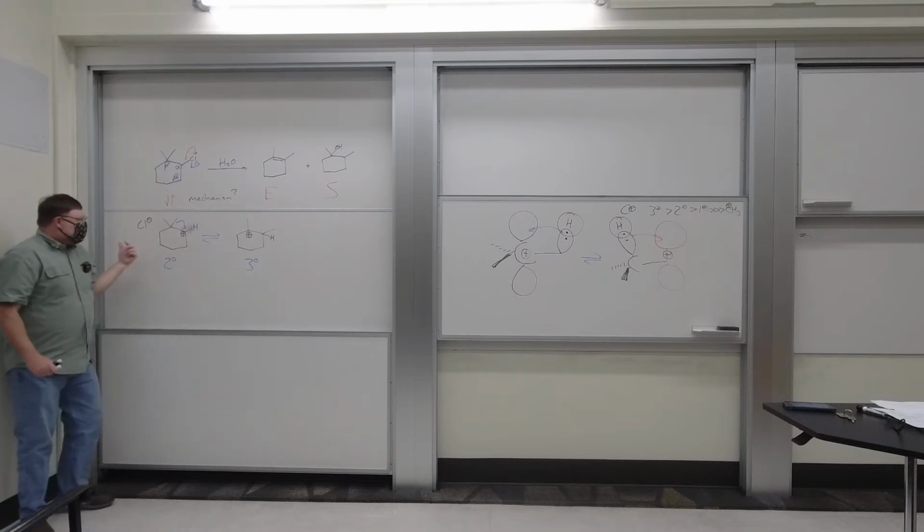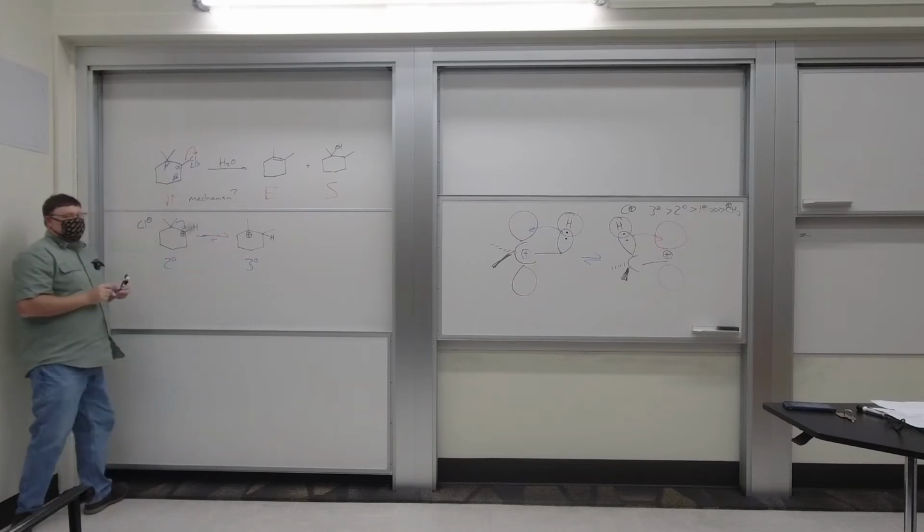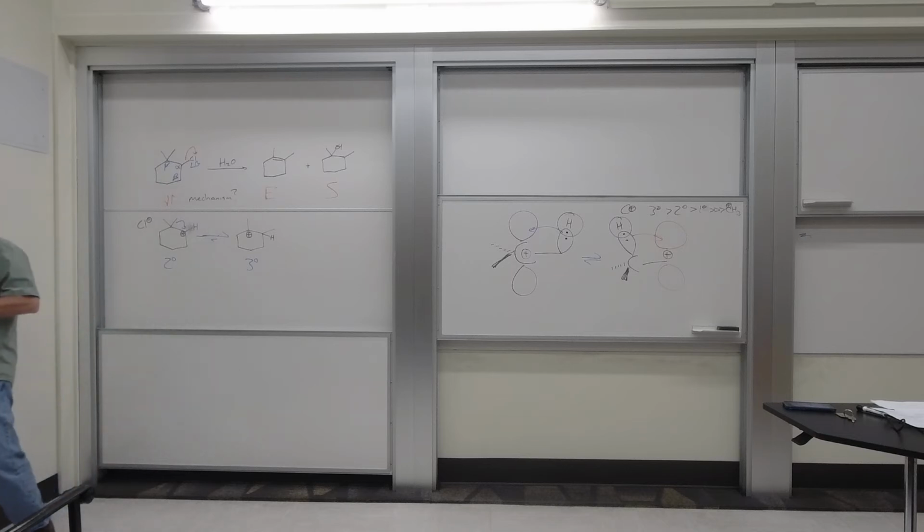All right, and so in this case, this equilibrium very much favors the right. And this is really hard to predict. When I ask you guys a mechanism question, I'm not asking you to predict anything, right?